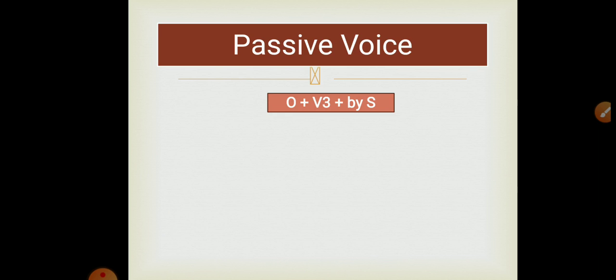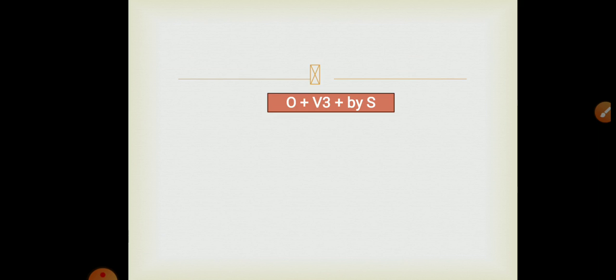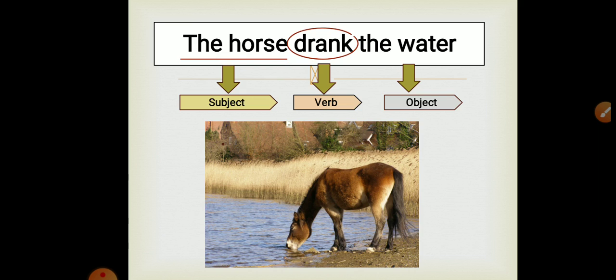So what we have seen here: the horse drank the water. Here the water will be the subject in the passive voice. Then drank, the third verb or past participle, we are going to use, and we will place the subject at the last, in the object place.